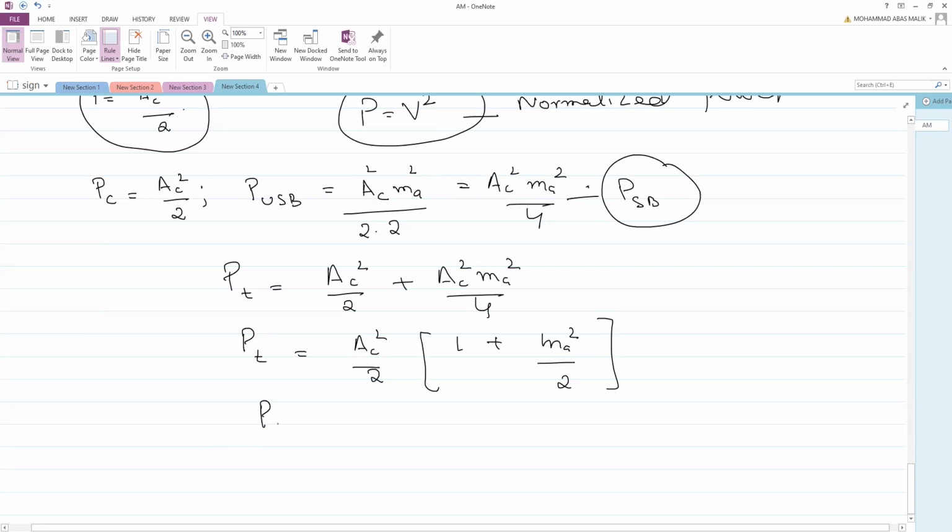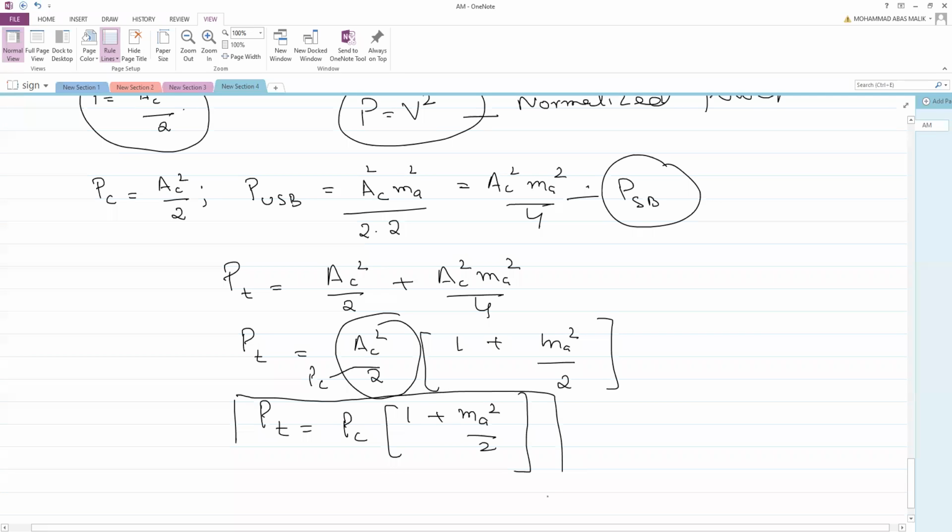So this is the total power. Can I say this is nothing but your carrier power PC? So this is PC into (1 plus ma²/2). I have a few minutes left, so let's wind this up. This is the power relation in case of an amplitude modulated wave.